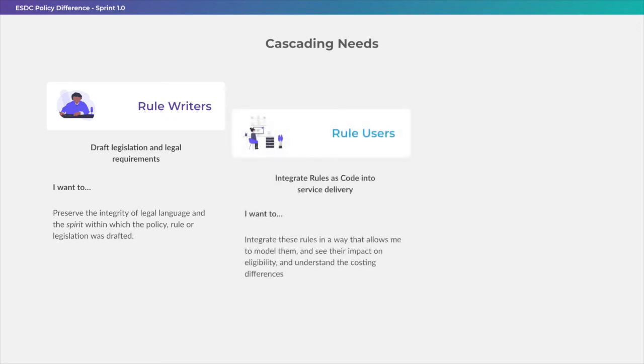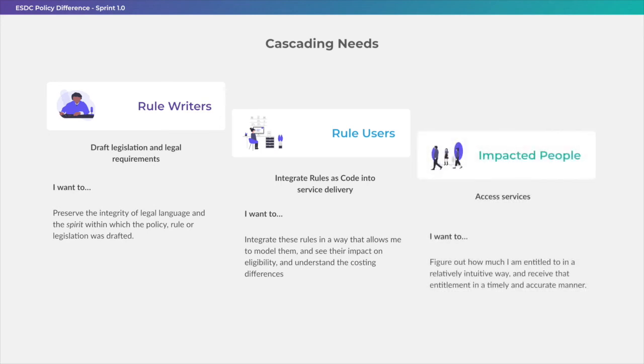But if I'm a rule user, which would include our business users, agencies, divisions, they would want to integrate these rules in a way that lets them model them and see their impact on things like eligibility and understand how it impacts folks. And then finally, we've got impacted people who are trying to figure out how much they're entitled to in an intuitive way and receive that entitlement in a timely and accurate manner.